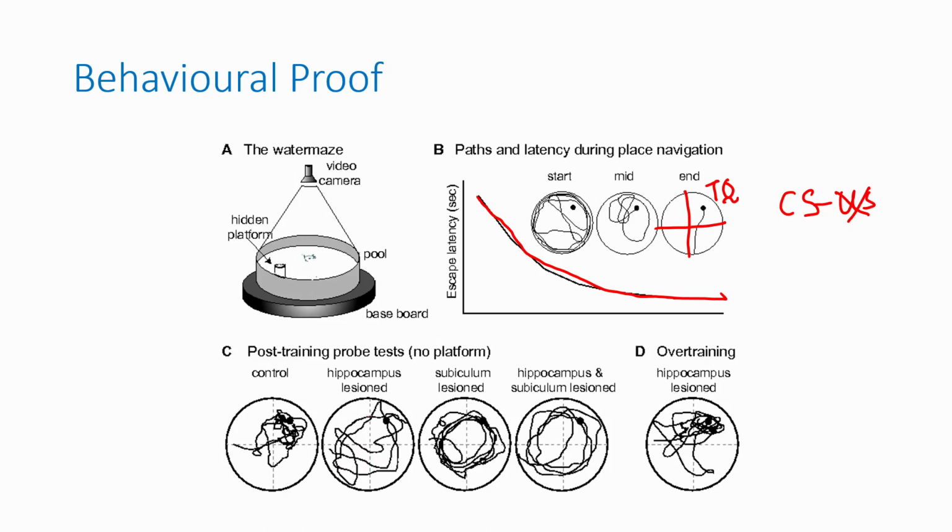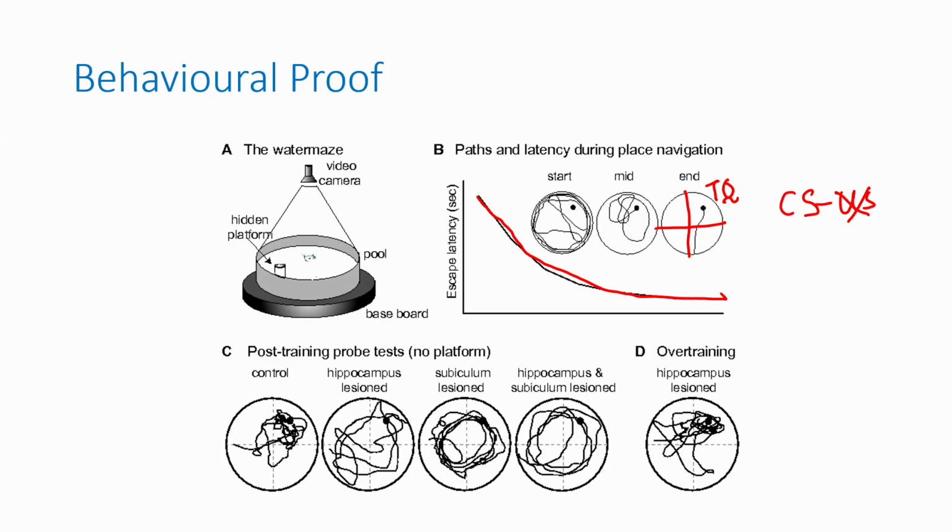It is just moving around everywhere. It is not that it can't find the platform at all; you have to understand that for it to find it, you need to really overtrain them. But the point is that at regular, moderate training, if you lesion out the hippocampus, it can't find the platform.